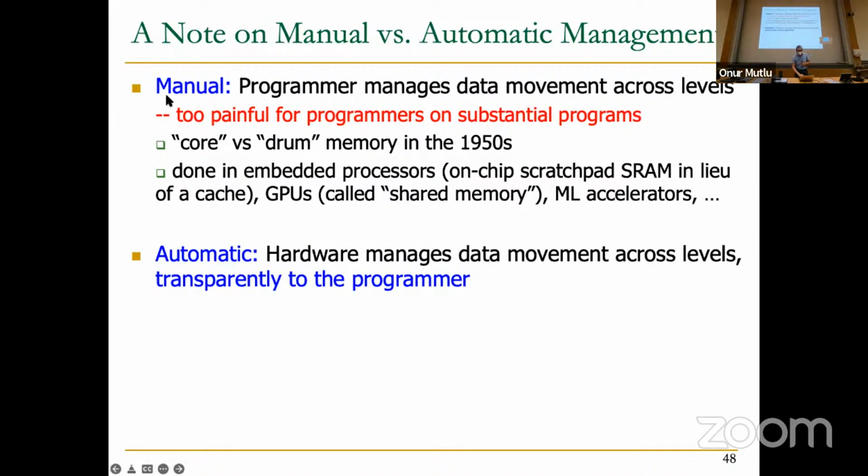Now, unfortunately, GPUs have a bad name for it. At least one company has a bad name for it. It's called shared memory. It's a terrible name for a scratchpad memory, because shared memory normally means that it's shared by multiple different processes, etc. Anyway, people don't name things nicely, but if you hear shared memory in GPUs, it's really scratchpad memory basically. It could be something else also, unfortunately, because it's called shared memory.